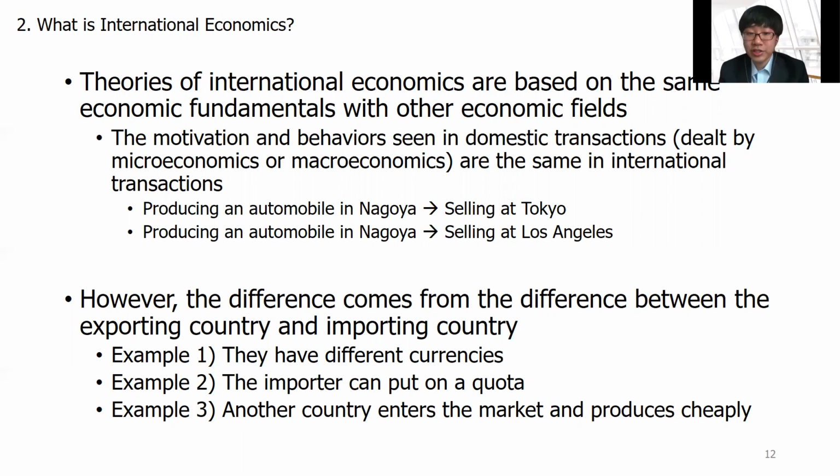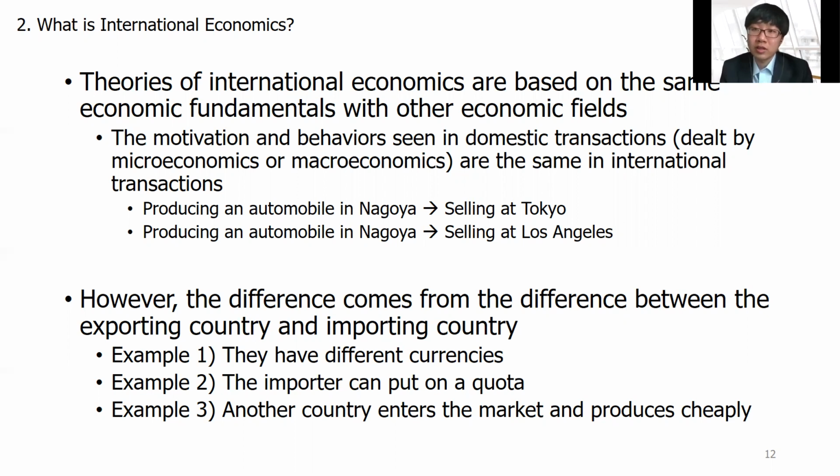Also, another country might enter the market and produce the automobile cheaper. For example, if China produces more cars at cheaper prices, then US customers might want to purchase more cars from China. Then the Japanese car makers can think, oh, should we produce the cars more efficiently so that we can sell our cars more cheaply?